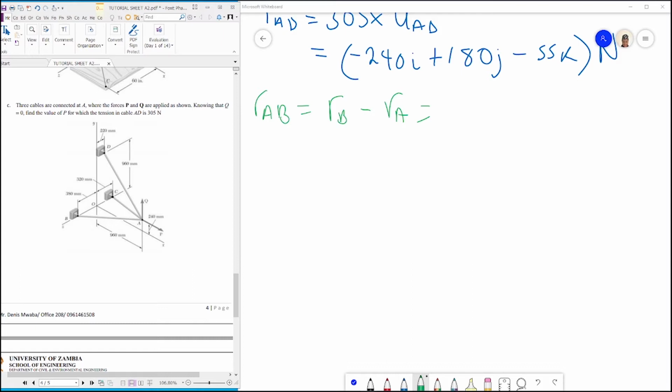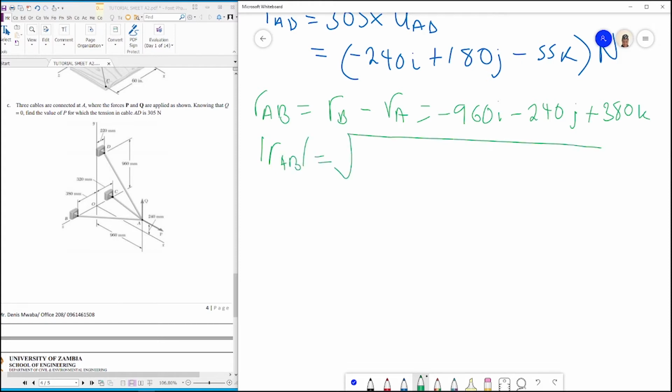With that, I'll have minus 960 I minus 240 J, and then plus 380K, isn't it? Right.